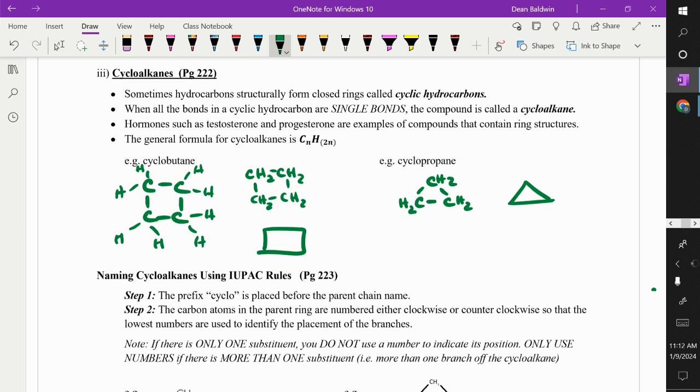One thing about certain cyclic compounds. This is a propane molecule, right? 3 carbons, hydrogens. It's happy. Single bonds spin. So that's why it doesn't matter if you put the methyl groups up or down, because they spin.